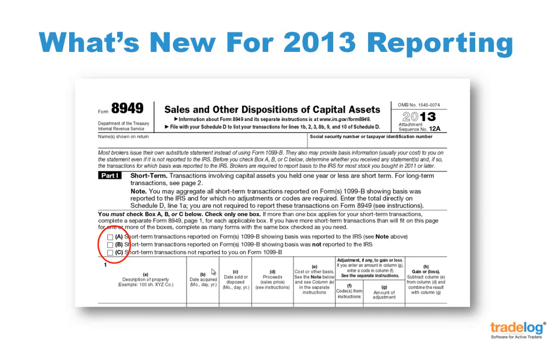Now, I'm going to mention this. As far as 1099-B reporting goes, there's really nothing new this year compared to last year. So the 1099 that you received this year very likely is going to look very much like the 1099-B that you received for 2012 from your brokers.